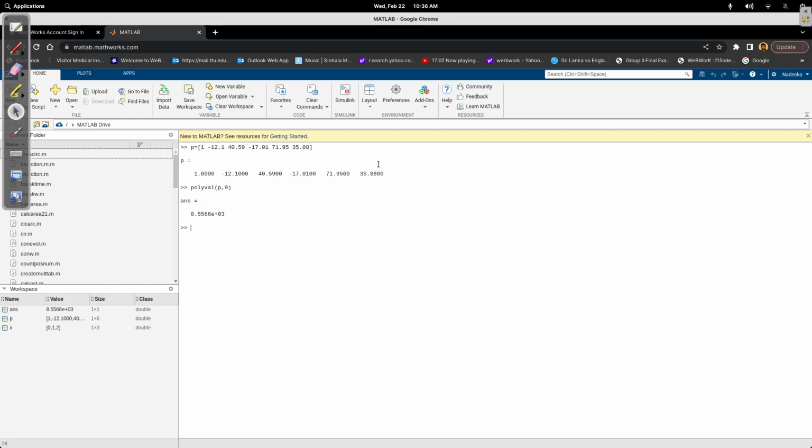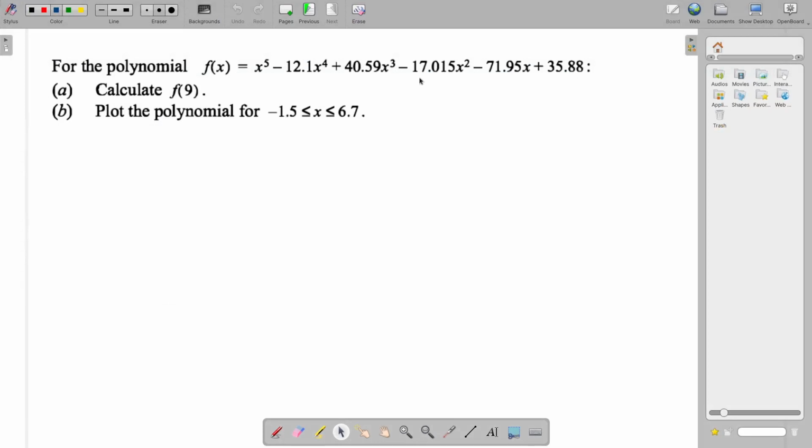For the third one I entered the wrong value. Let's look at this, it's 17.015. I entered 1.